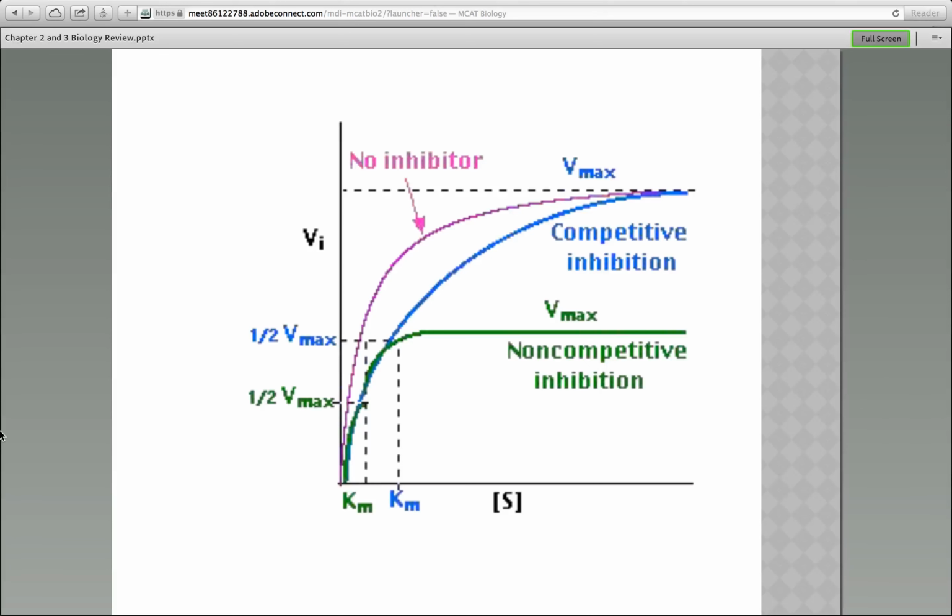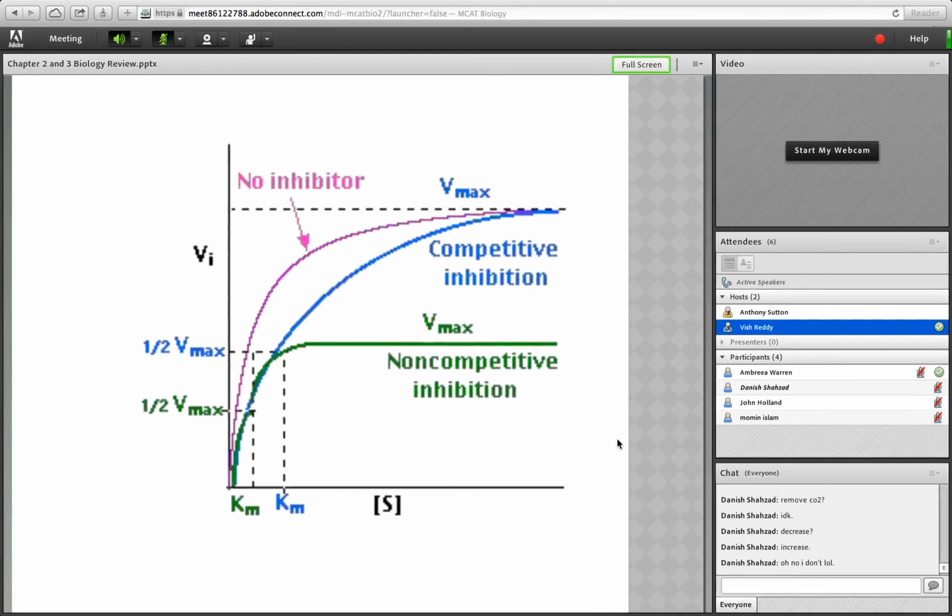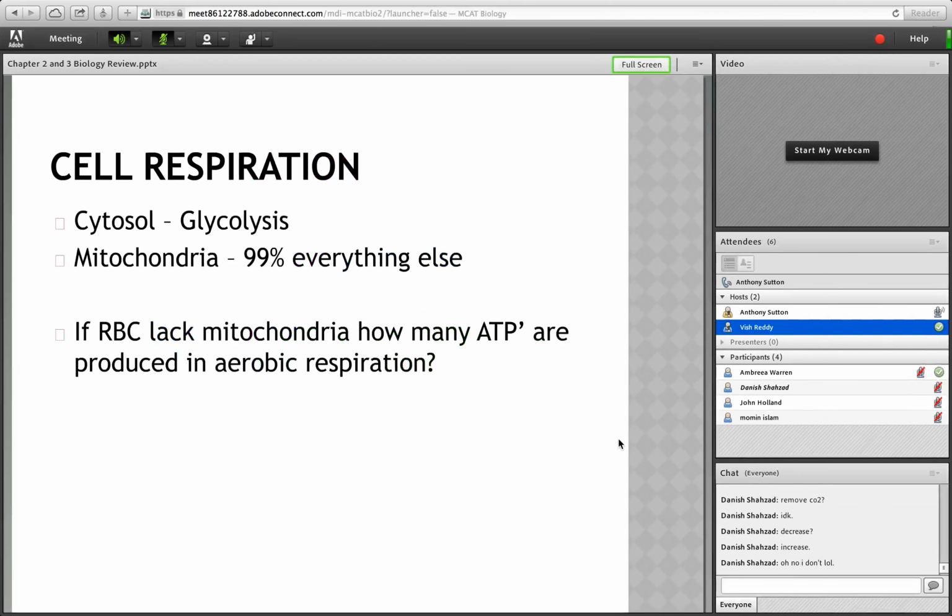However, if you have a non-competitive inhibitor, then your Vmax is going to decrease because you have limited binding of substrate. That's just a way to remember. Does everybody get that? All right, I'm going to keep moving. We'll be asking you questions soon.